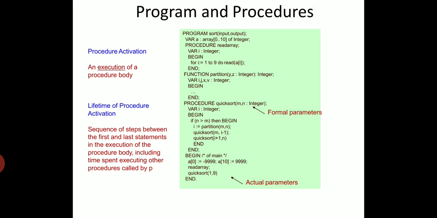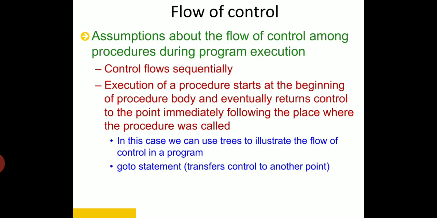Whenever a procedure is invoked, an activation corresponding to that procedure will also get invoked. And the lifetime of the activation will depend upon the lifetime of the procedure body. Coming to the flow of control, while a procedure gets executed, it should follow the control sequence.